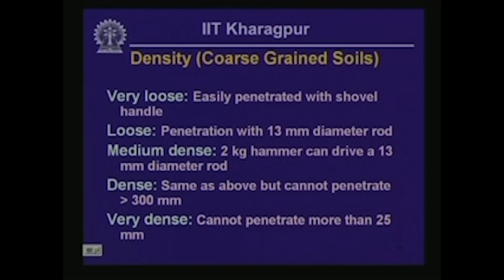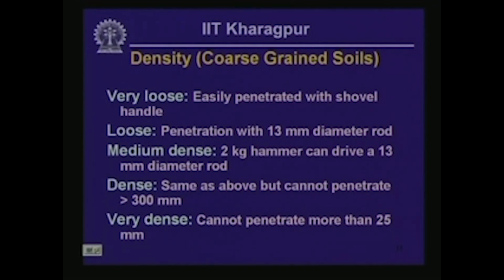For instance, if you have a very loose deposit, then that deposit is easily penetrated with the handle of a typical shovel, whereas if it is loose, then it can be penetrated with an approximately 13 millimeter diameter steel rod.